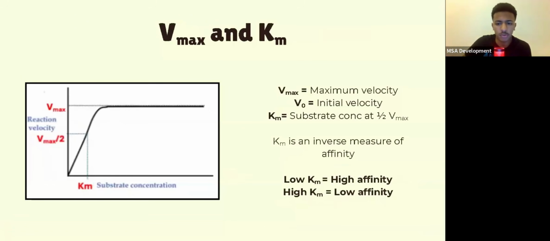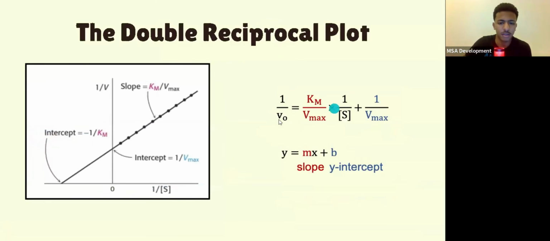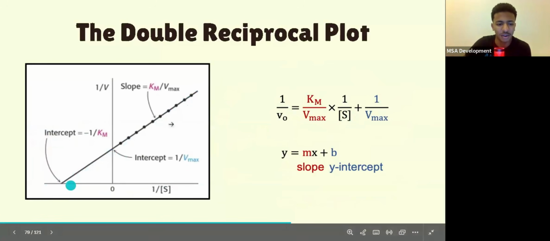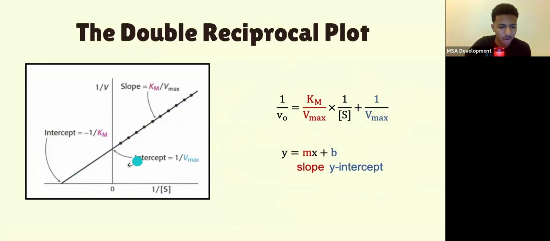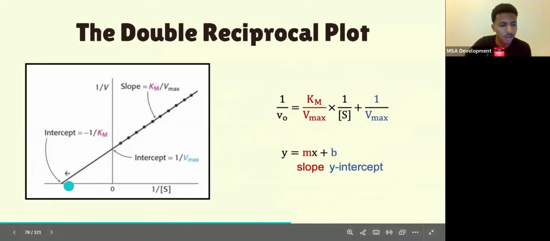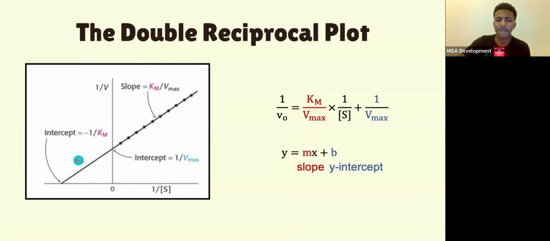Now, using this Km equals substrate concentration at half Vmax, they're going to create this equation, okay? You don't have to create it on your own, you just have to memorize this format. The reason they do this is because they want to include everything in a straight line, in a linear graph. Because when it's a linear graph, you can take the y-intercept and the x-intercept, and they're going to give you the Km values if you try hard enough, okay?